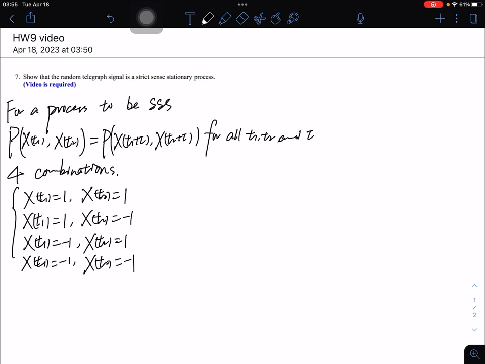We can find the probability of each combination using the exponential decay property of the RTS.